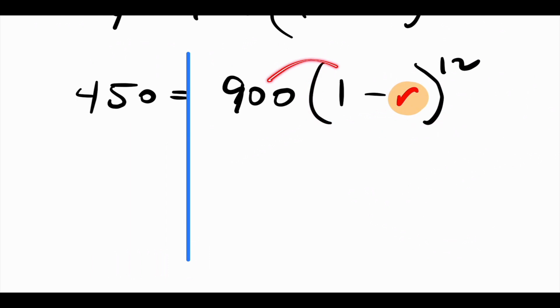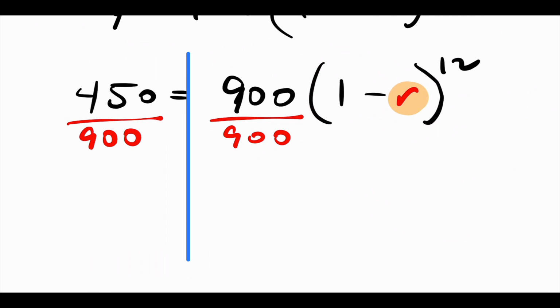Well, instead of multiplying it, because I can't do it, what's the opposite? I can divide both sides by 900. If I do that, this becomes a 1, because 900 divided by 900 makes one whole.